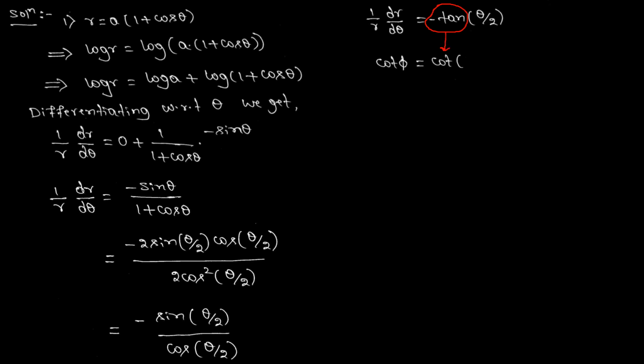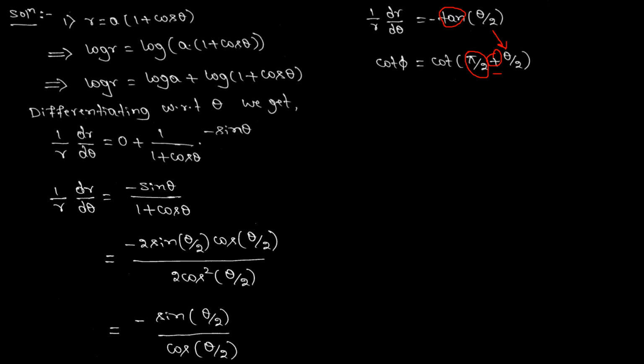Minus tan in terms of cot will be written as cot of 90 degree plus theta by 2. If you have only tan, then this will be minus sign; if you have minus tan, then this will be plus sign here. Cot of pi by 2 plus theta by 2 we have converted.